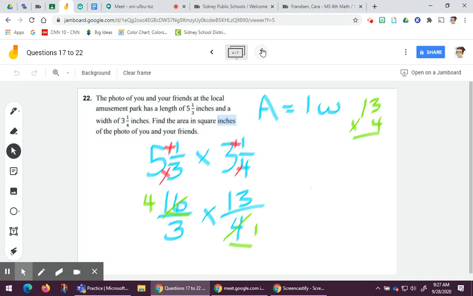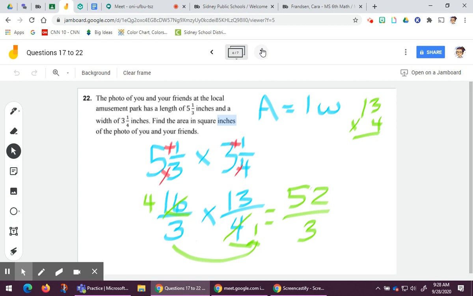Okay, so 52 over, and 3 times this 1 that's left is just 3. Now I've got a really improper fraction, don't I? So to finish this problem off, if you have an improper fraction, we consider them not simplified. So anytime I see an improper fraction as an answer, yes, you divide it out.